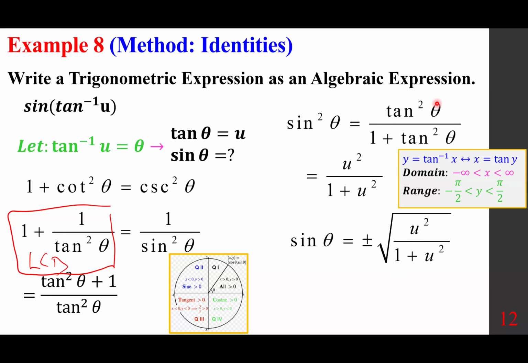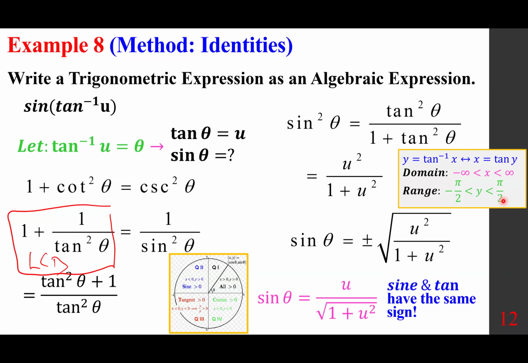However, sine and tan, both of them happen in the fourth and first quadrant, from minus pi over 2 to pi over 2, and they have the same sign. In the first quadrant, both of them are positive. In the fourth quadrant, both of them are negative, so you don't need a plus minus. Sine and tangent have the same sign.